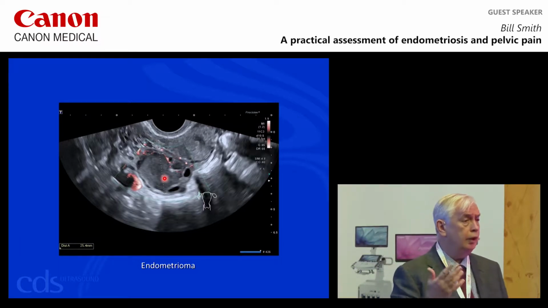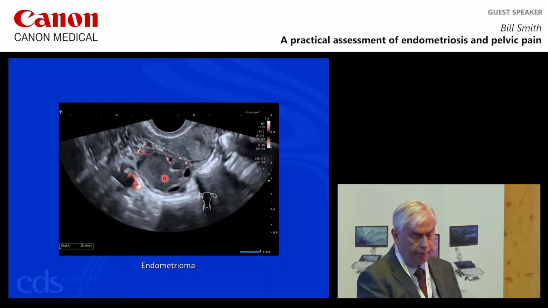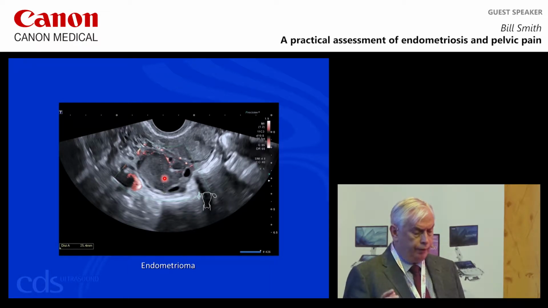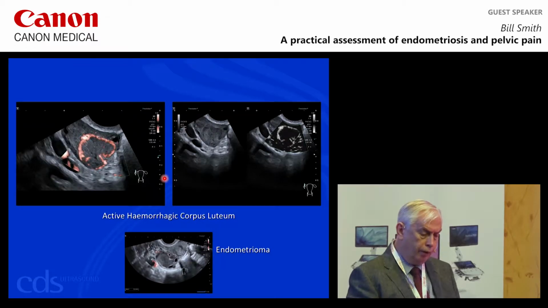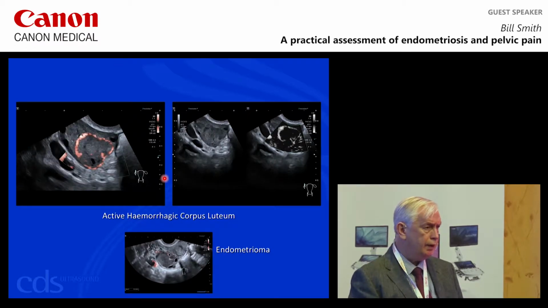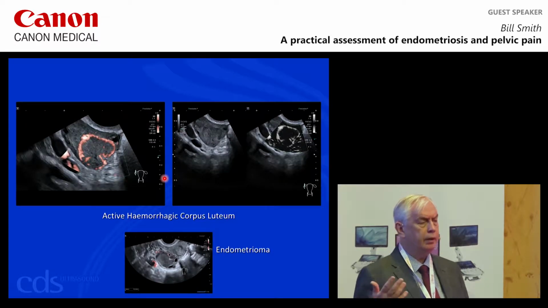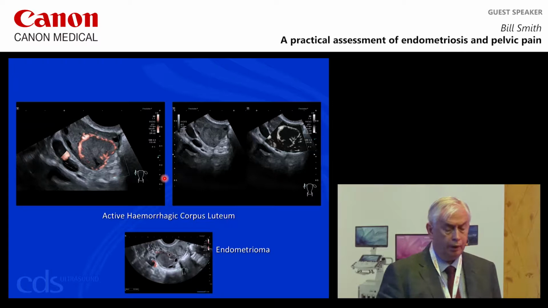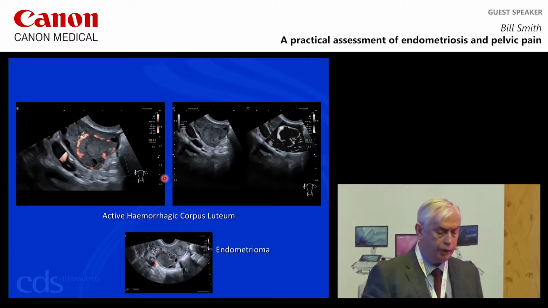Not in all cases, but in the vast majority, they are avascular. The second factor, which people aren't aware of, is that follow-up scans are very important. Follow-up scans are crucial, certainly in our unit, in terms of accurately defining the type of ovarian lesion.